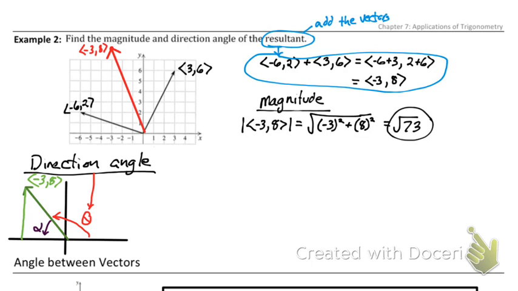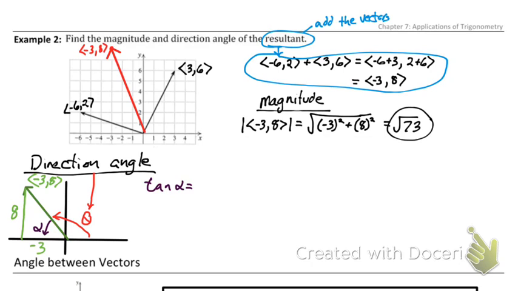For alpha, I know that the tangent of alpha equals my opposite over adjacent. My opposite of this triangle would actually be 8, because 8 is my vertical component, so it goes 8 up, and it goes negative 3 back.